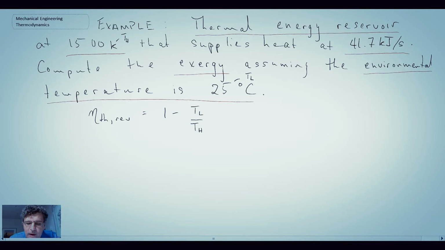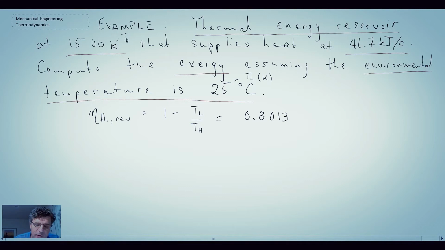But for T low, we will need to convert it into Kelvin, so I'll put in brackets here that it needs to be in Kelvin. When we plug that into the first equation, we obtain a thermal efficiency for a reversible process, that of the Carnot cycle, of about 80%.